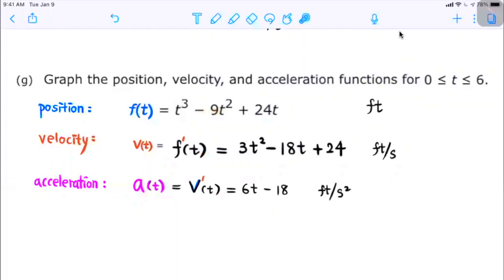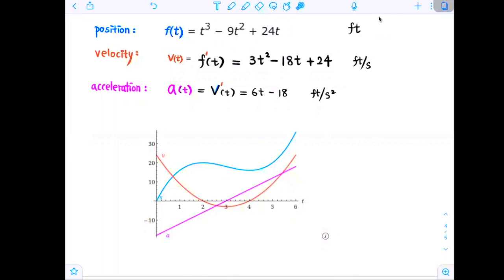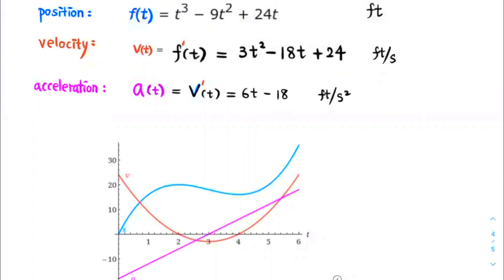We are going to graph them using some graphing device. And we get the graph for the position function, the velocity function, and also the acceleration function, for time t greater than or equal to 0 and less than or equal to 6.